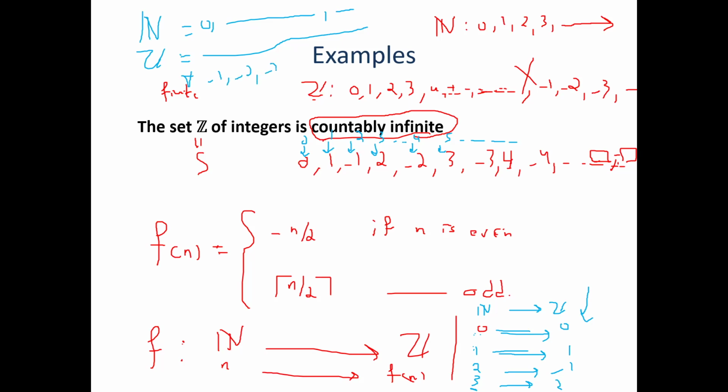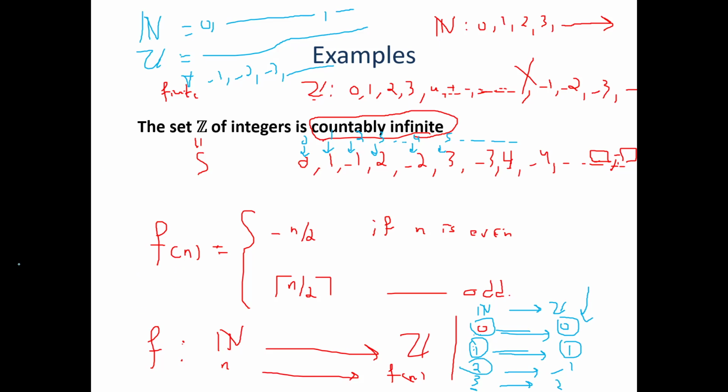So it kind of feels like Z should be twice the size of N, but no. Their cardinality is exactly the same. They both have the same size. Because of what we just did, because of the bijection. This is proof. Every element in N is going to have another element in Z. There's no two ways of going around this, you just proved this.